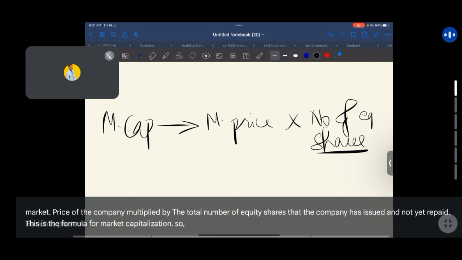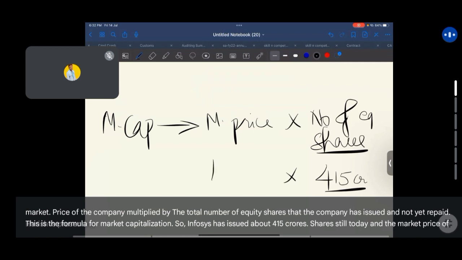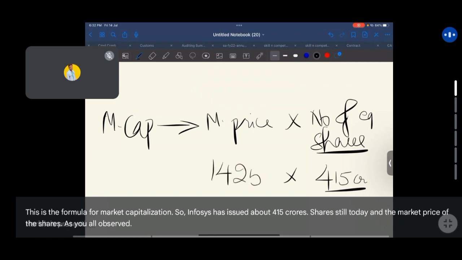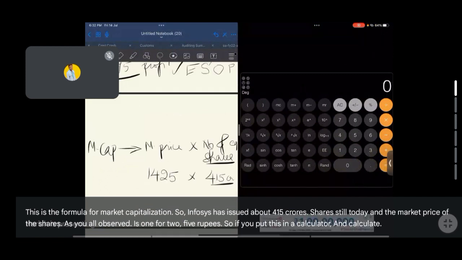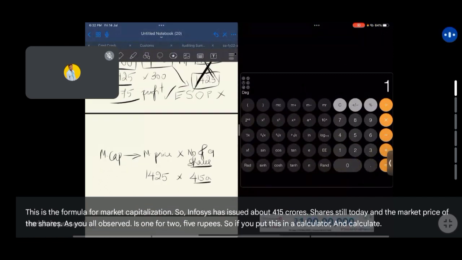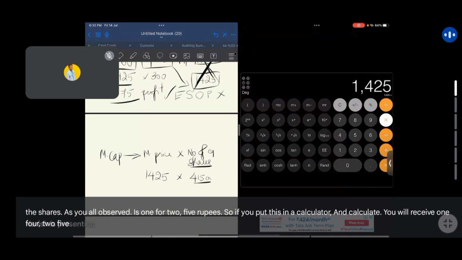So Infosys has issued about 415 crore shares till today, and the market price of these shares, as you all observed, is 1425 rupees. So if you put this in a calculator, you will get 1425 into 415 crores.